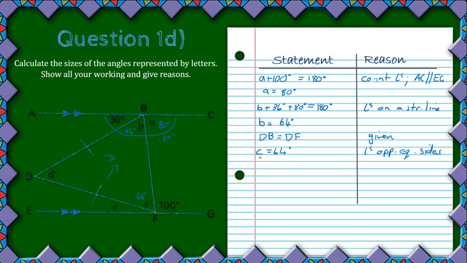Right, then moving on to D, we have these two angles, and that's just the third angle of a triangle.